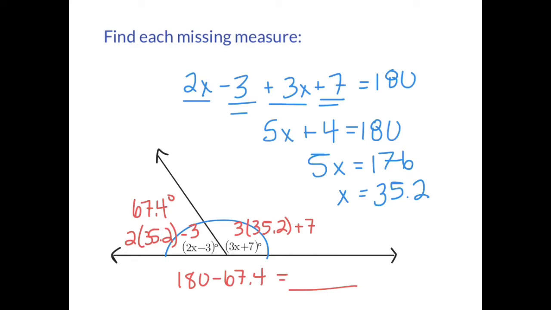So I'm going to use the 3 times 35.2 and then add 7 to get 112.6 degrees. And again, in my calculator here, I will do the 180 minus 67.4, and I get the same answer, 112.6 degrees.